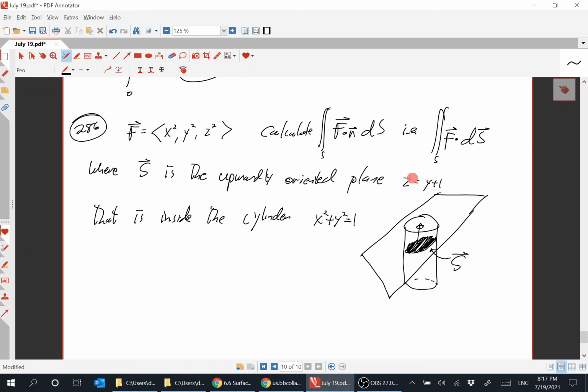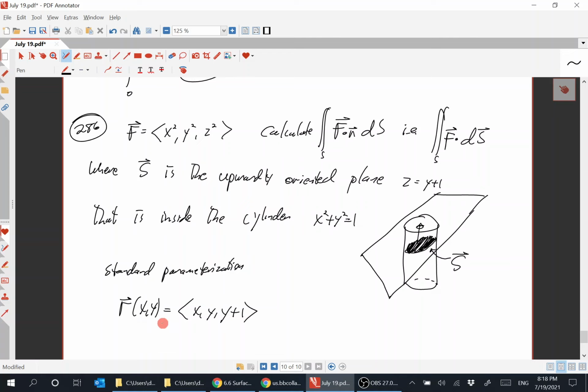Well, the plane is z equals y plus 1, so standard parameterization: r of x, y is x, y, and z is f of x, y, so y plus 1. What does the cylinder do for you in this case?